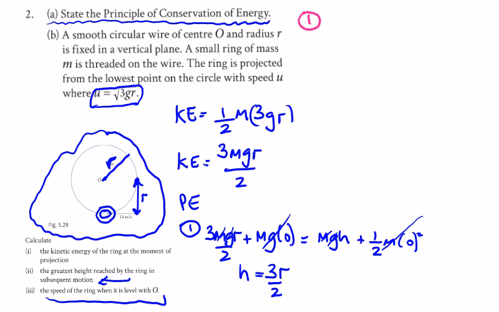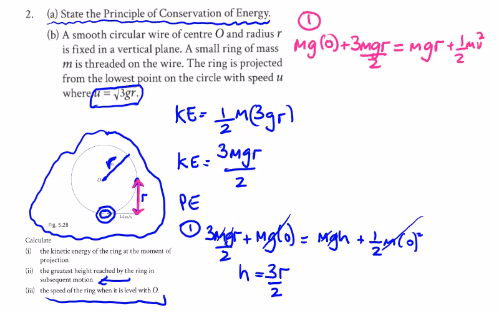Take position 1, my potential energy, and my kinetic energy, mgh, plus kinetic energy of 3mgr over 2 is equal to the height reached will be mgr, because of the level with O, and we're looking for the speed, so the half mv squared, the v will be our speed.